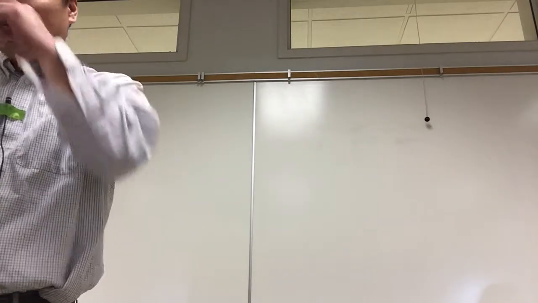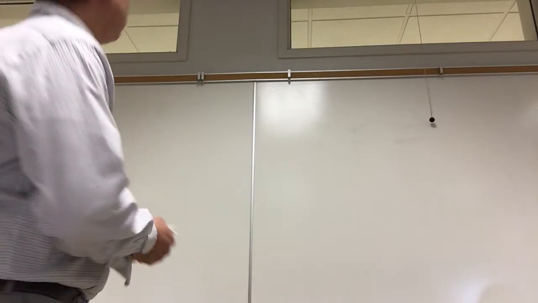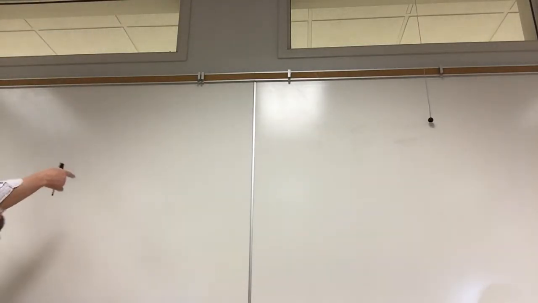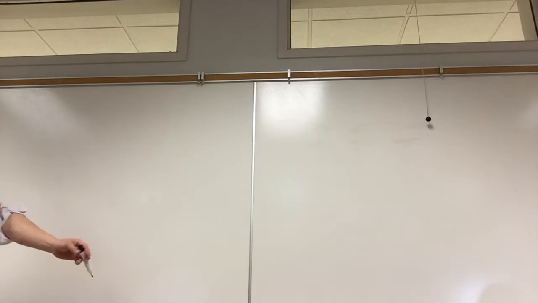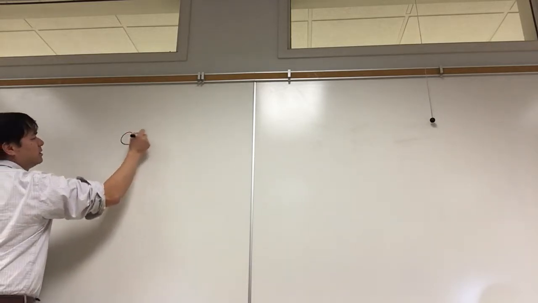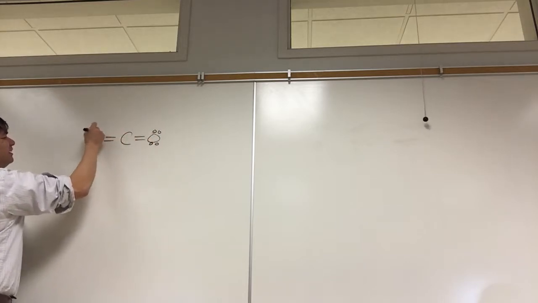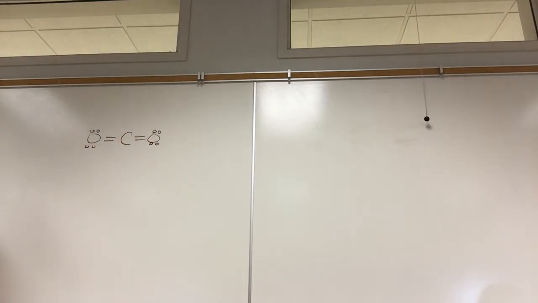Now, when we're dealing with Lewis acid-base reactions, what we just did was a Bronsted one. With Bronsted, you just look at the chart or figure it out from what you already know. But Lewis is a bit more difficult, so look at something like CO2. Let me analyze this.